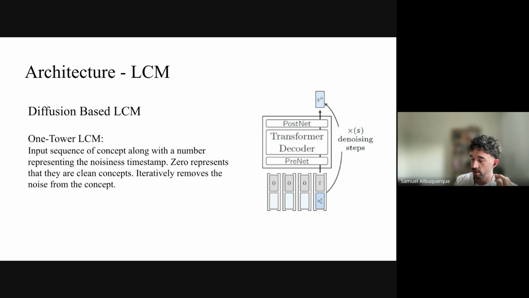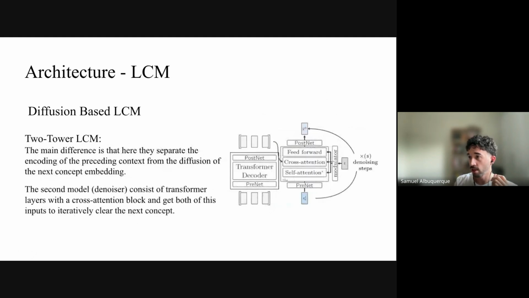So that's the basic idea of the diffusion-based implementation. And then they make another variation of this, which is called the two-tower LCM. The main difference here is that they basically separate the encoding of the context from the denoising step itself.